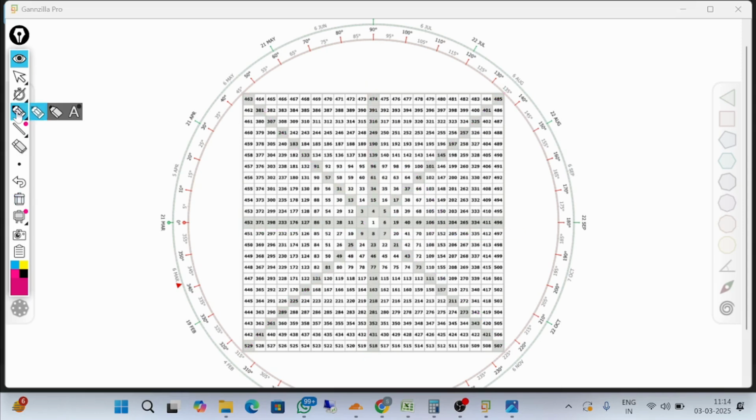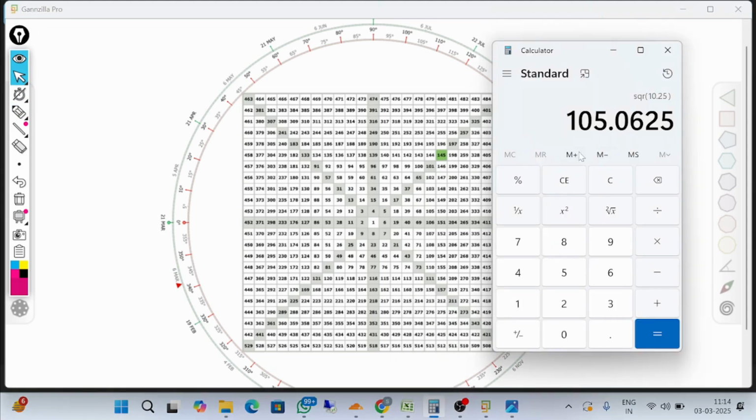Now let us take any random number. I'm taking 145. I'm just taking any random number and let us see how our formula works. 145 under root, what is that? 12.014.